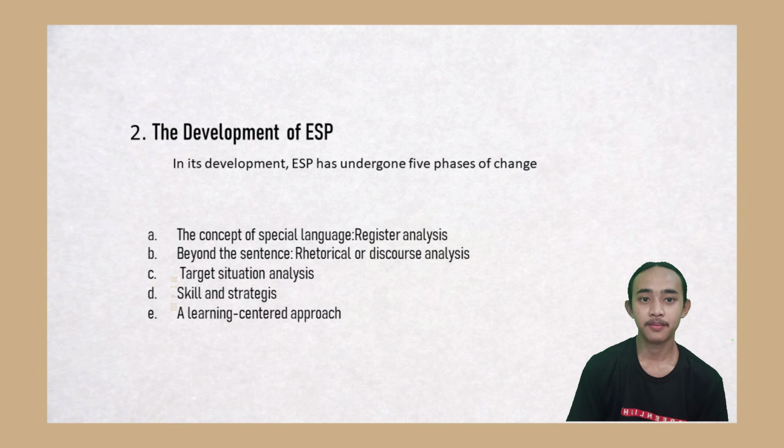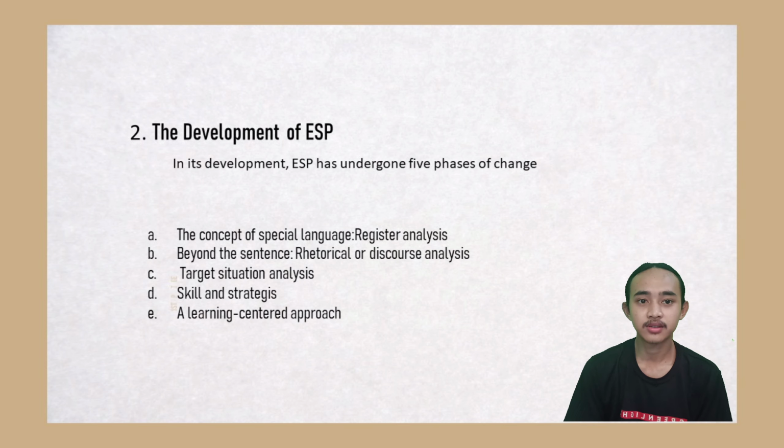B. Beyond the sentence, rhetorical or discourse analysis. At this stage, the attention is shifted to levels above the sentence, such as ESP moving close to the emerging field of discourse or rhetorical analysis. C. Target situations.